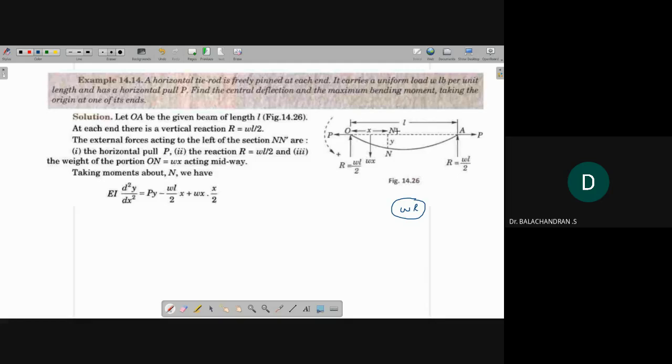So totally omega X. So the weight of the portion ON is equal to WX acting midway. Midway means at this point, which is X by 2. This point is midway. That's why X by 2.